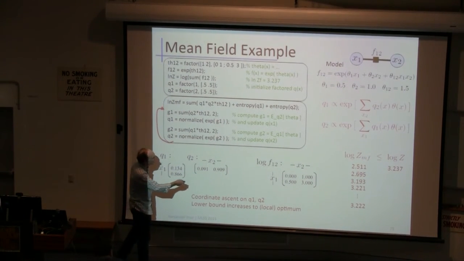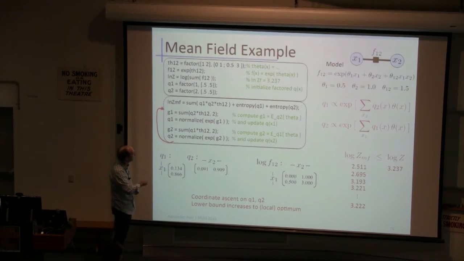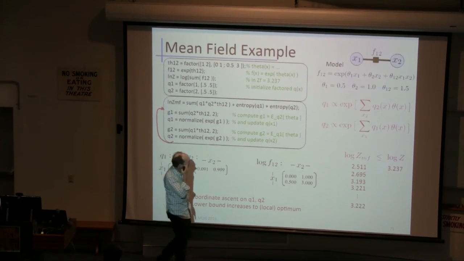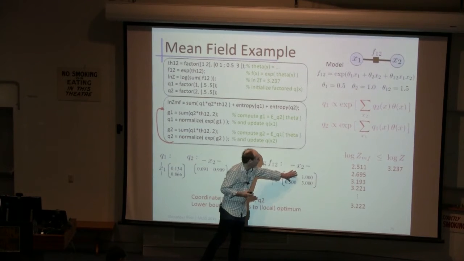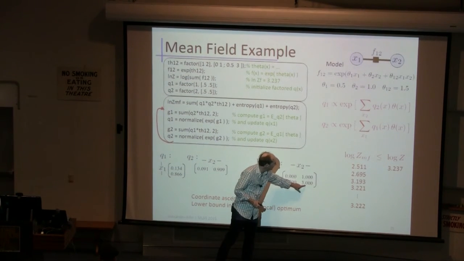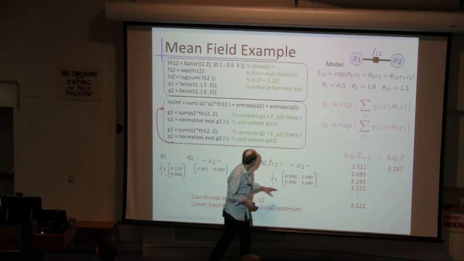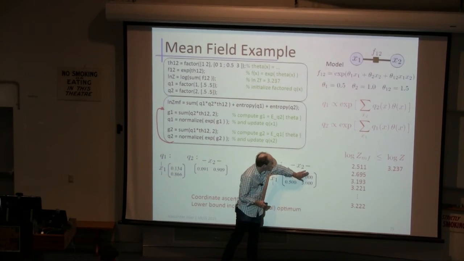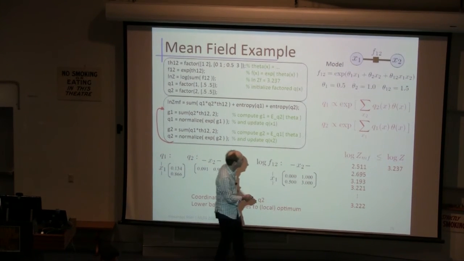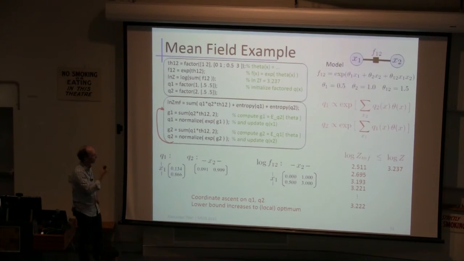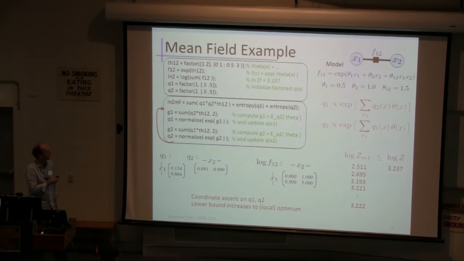Effectively, what mean field is doing is finding a simple distribution, a product, that fits under some mode of f. So here f is very simple. It's got most of its probability mass over here. And so what mean field has done is stick most of its probability mass here as well, and then have the probability in the rest of the model be independent.